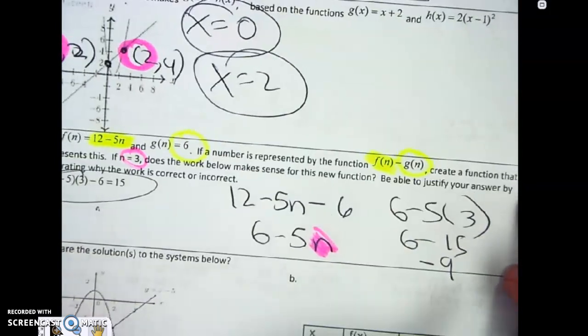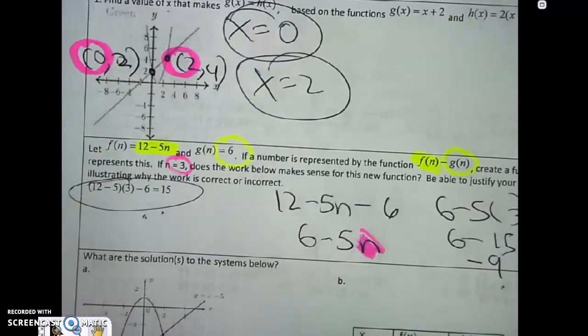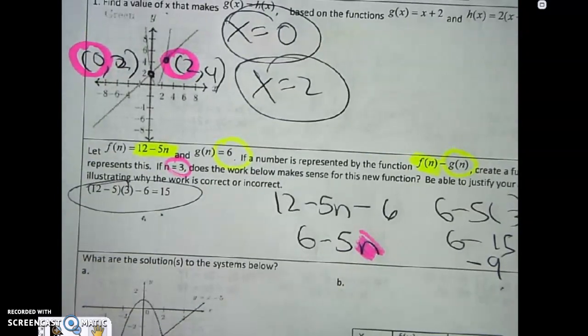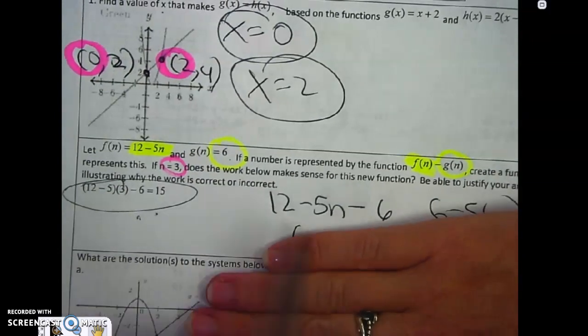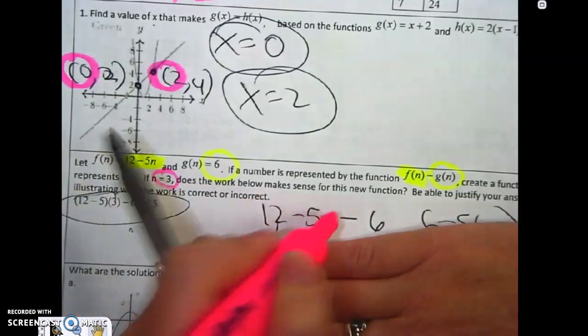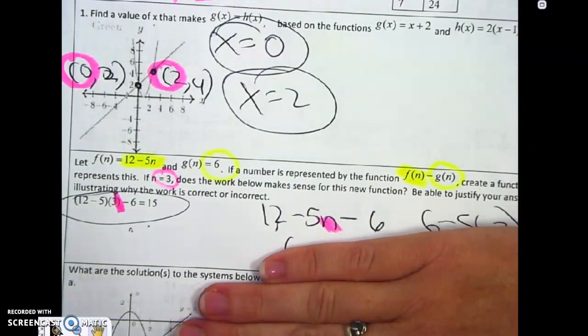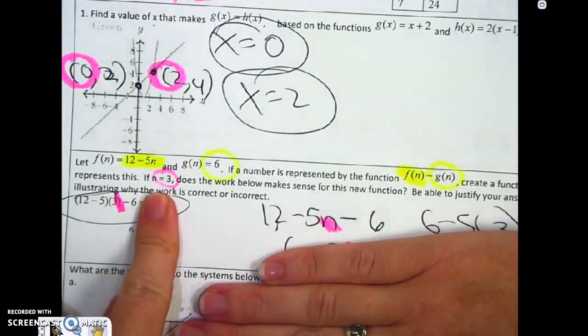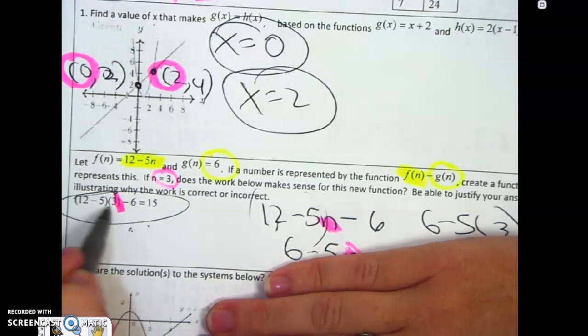Okay. Well, I know their answer is wrong, so let me see if I can figure out what work they did incorrectly. Oh, okay. So what I see they did is they actually started here, and they took the 3, and they plugged it in right in the beginning. Do you see that, how they plugged it in the beginning? And if you ignore the equals 15. But then what looks like they did is they put that in parentheses, and they subtracted.